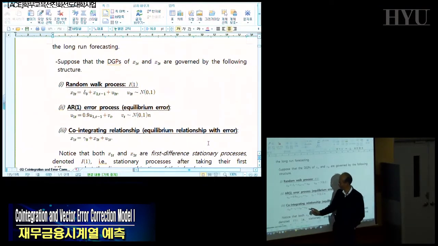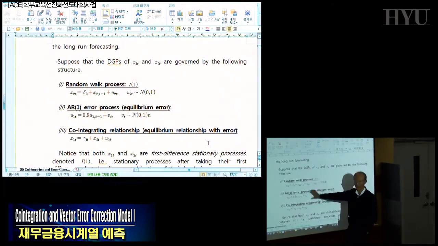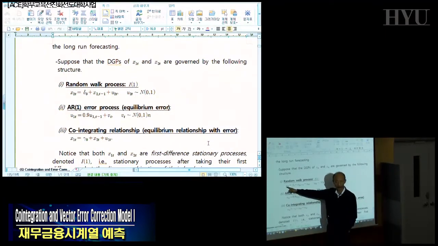But the thing is, these two in level are related by a non-zero coefficient 1, right? So suppose that data is generated in this way, x1t and x2t, and we want to see some simulated series.